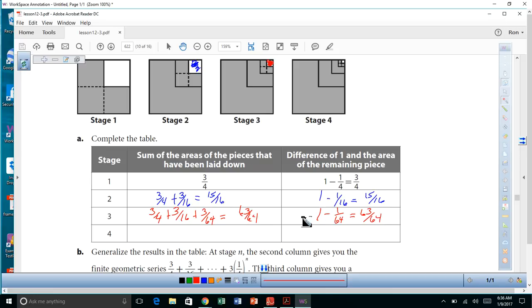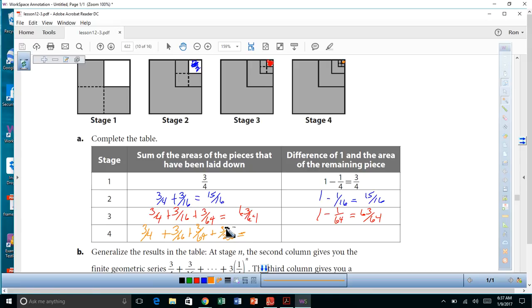And then let's do this right here. How big is that? Well, let's see. You had 3 fourths plus 3/16 plus 3/64 plus, how big is that? That's going to be 3/256.